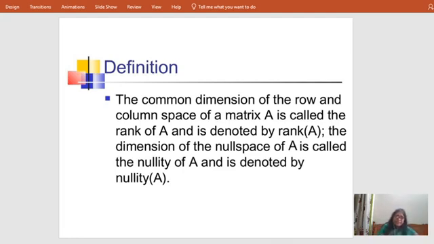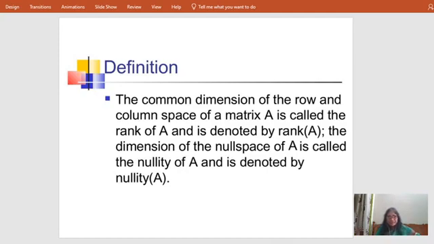Now, we are saying that that common dimension is called rank, and the dimension of the null space, which is the solution set of the matrix, is called the nullity of A. Usually rank of A is denoted by rho of A and nullity of A is denoted by mu of A.